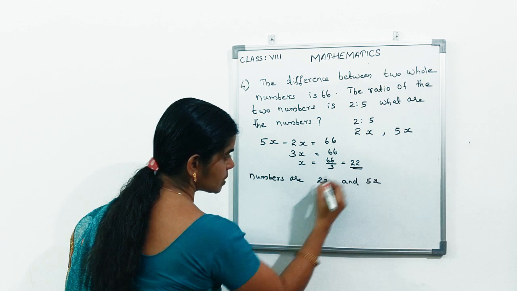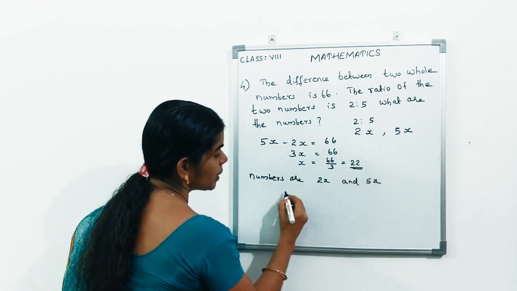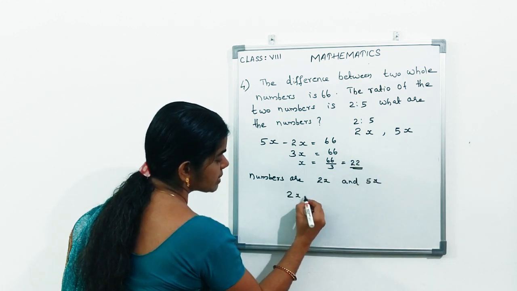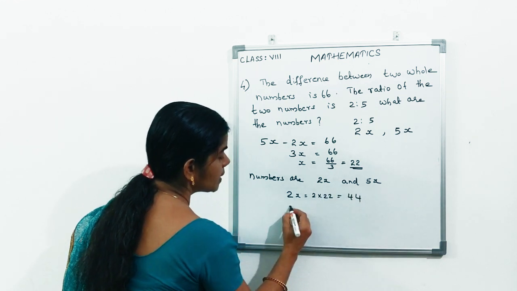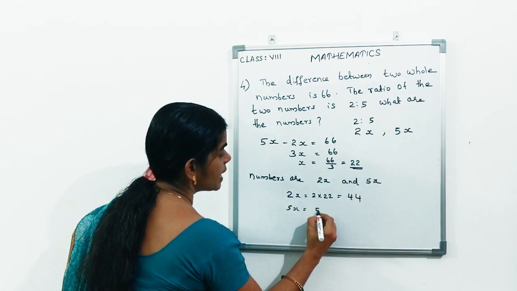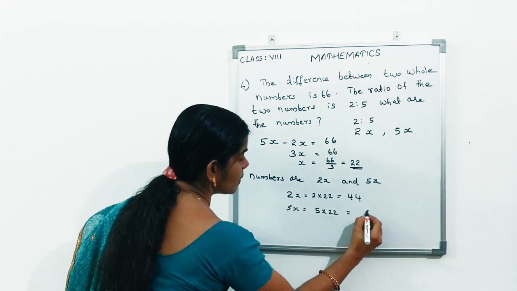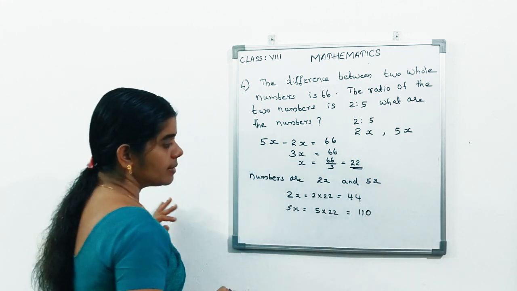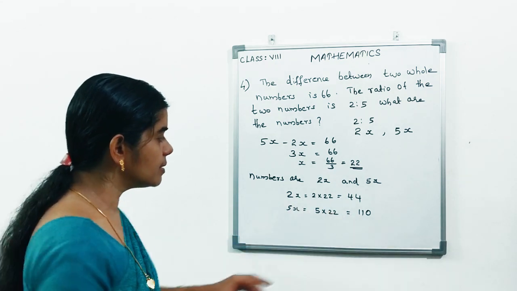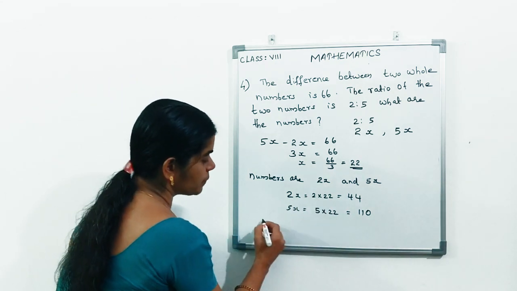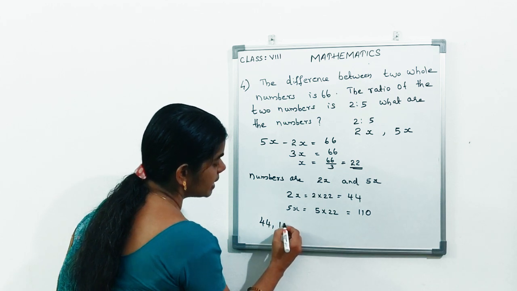Therefore, in the place of x we put 22. Then 2x means 2 into 22, that's equal to 44. 5x means 5 into 22, that is equal to 110. Therefore the two numbers are 44 and 110.